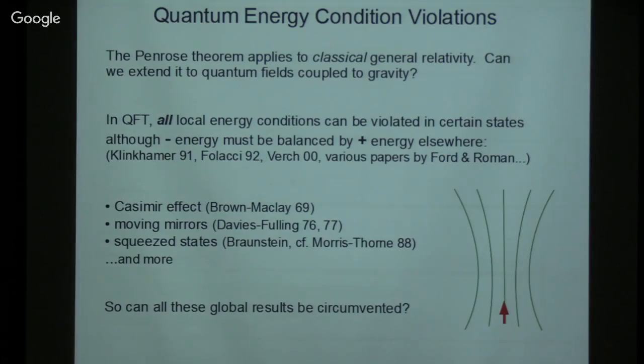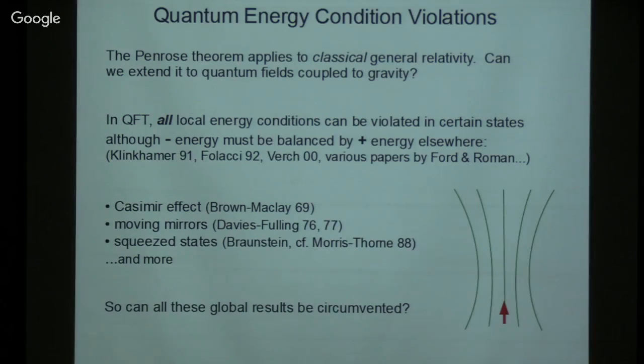One famous one is the Casimir effect, where you have two parallel conducting plates, and you have a different quantum vacuum in between the parallel plates, and it turns out that it actually has negative energy relative to the normal quantum vacuum. This has been experimentally measured in the lab as a small attractive force between the two conducting plates.